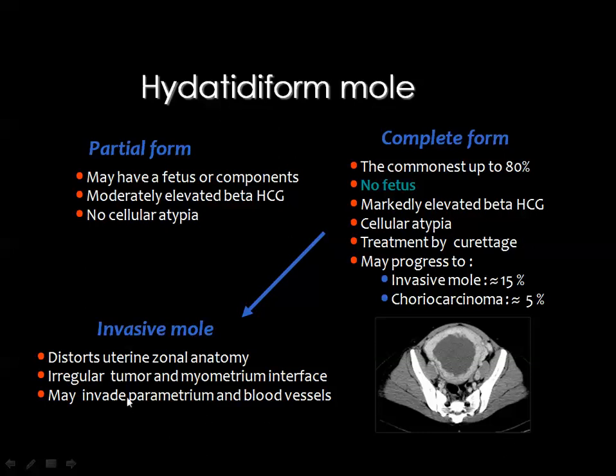In cases of invasive mole, there is distortion of the uterine zonal anatomy, and you see intrauterine soft tissue masses invading the myometrium and may extend into the parametrium as well. In the partial form, there may be some components of a fetus with moderately elevated human chorionic gonadotrophins in blood.